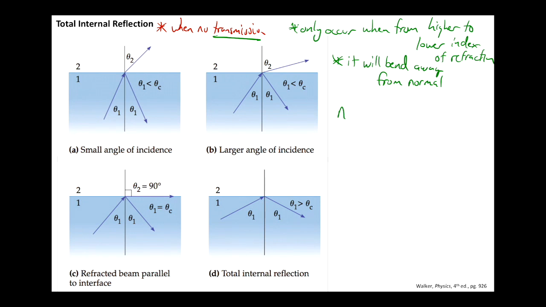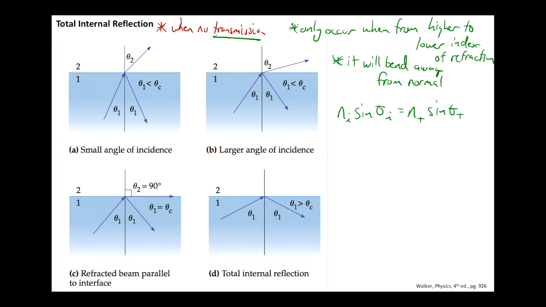So let's start with Ni sine theta I equals Nt sine theta t. Total internal reflection occurs when theta t, the transmission angle, has hit 90 degrees. That's like the cutoff point. At that point, nothing is actually making it into the air.